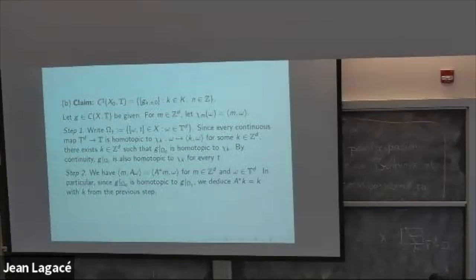So this guy has to be equal to that guy for the k that was found here, and therefore I get this equality. So the k that was identified in the first step has to be in that kernel of I minus a star.